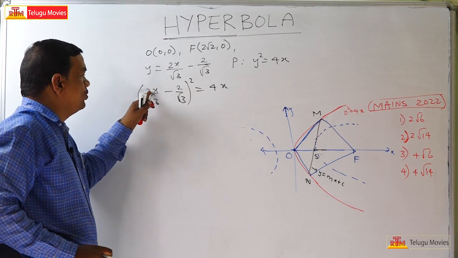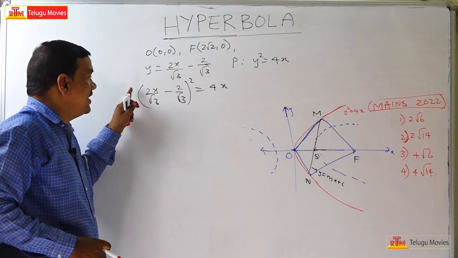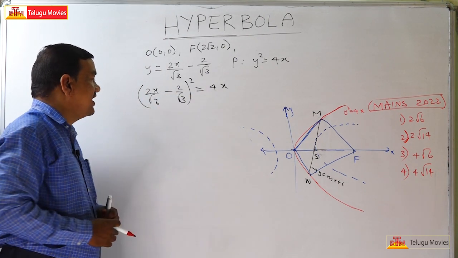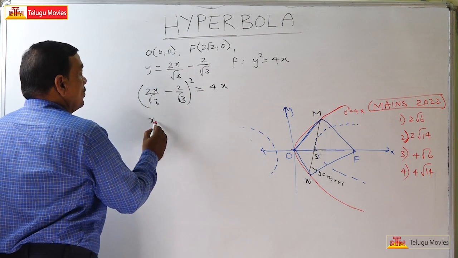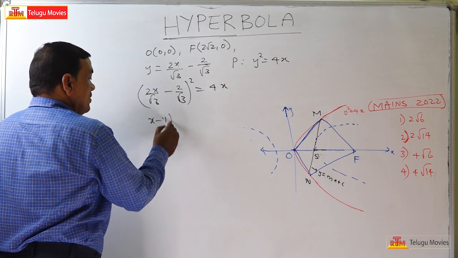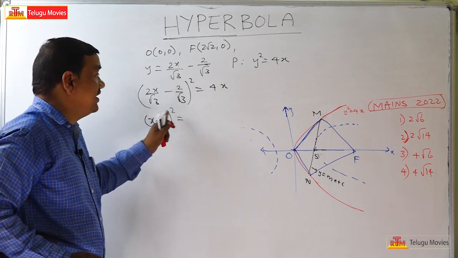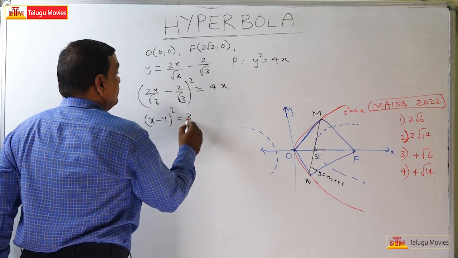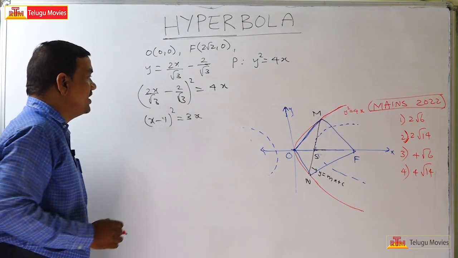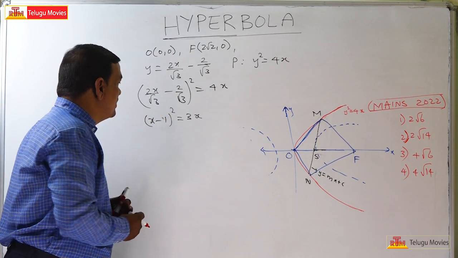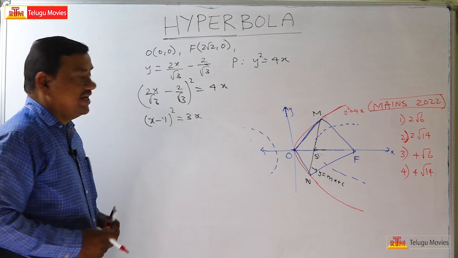So here you can take 2 common outside, and 2 square is 4, and 4 and 4 will get cancelled. So this is equal to (x minus 1) whole square is equal to (root 3) whole square, that is 3, cross multiplication, 3x. Understand? So you will do the cross multiplication, you will get 3x.